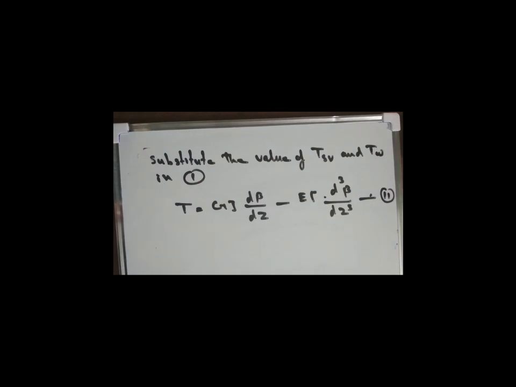Now we determine the internal resistance, that's T. It has two parts. One is the twisting part and another one is the warping.